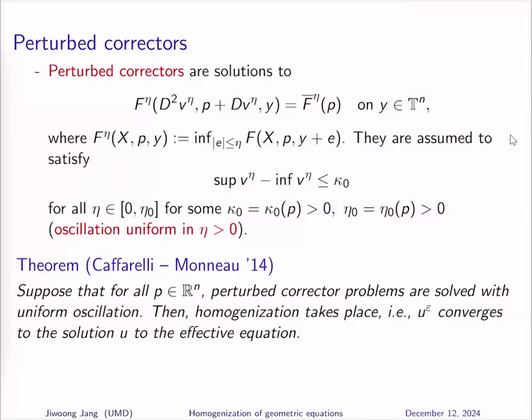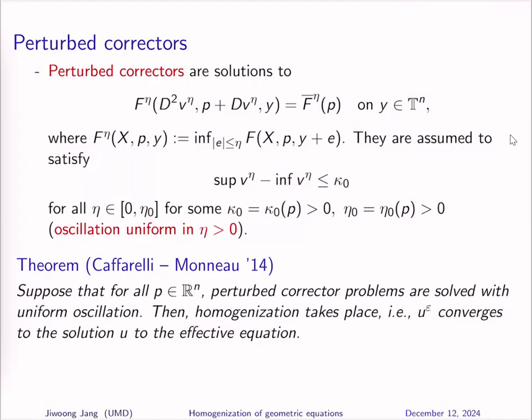In the positive forcing case, as in Caffarelli-Monneau, the oscillation depends on delta. Here, delta is the infimum of the forcing term, and delta can be thought of as kind of the coercivity parameter. If we perturb the problem, then the forcing term is perturbed, but it has the same infimum, it stays uniform.